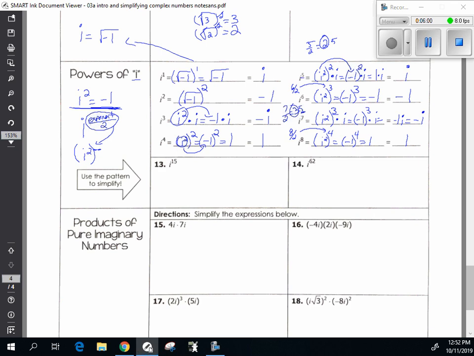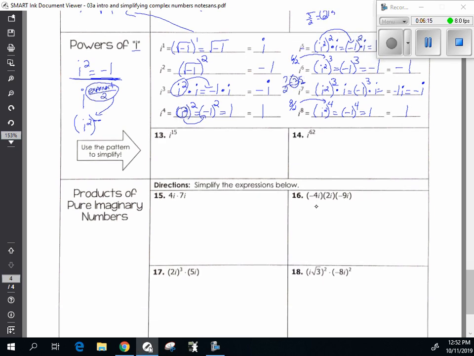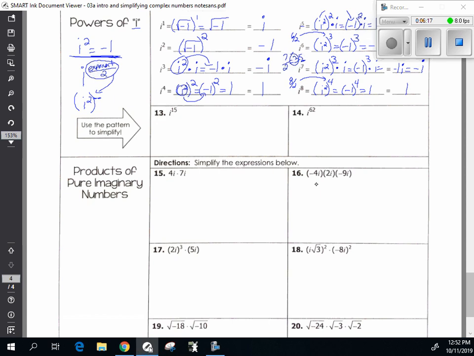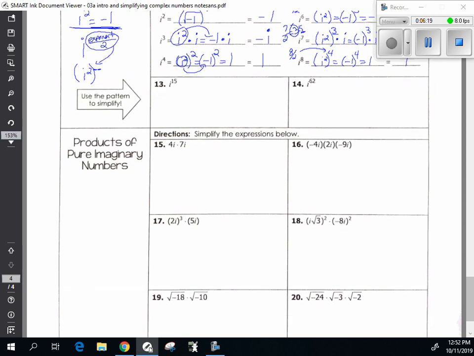You guys do see a pattern. This is 1. This is i, negative 1, negative i, 1. i, negative 1, negative i, 1. Okay, so there is a pattern, but we're just going to work with the fact that i squared is negative 1. It's the only thing you need to remember.